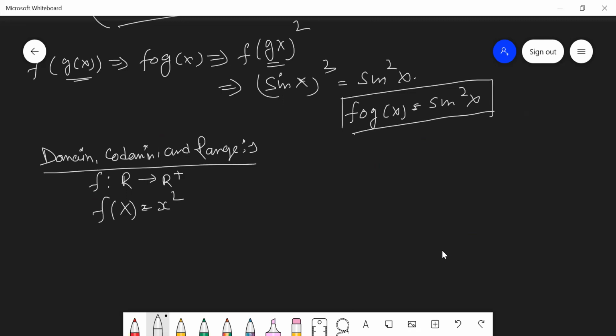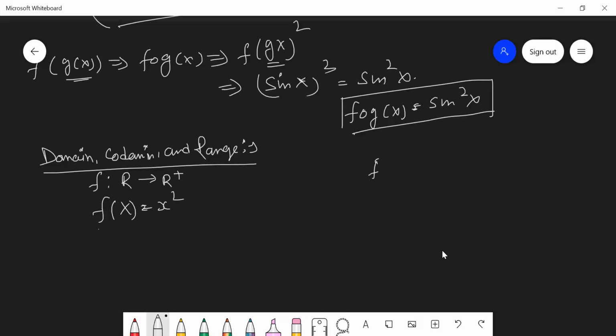When the domain is all the real numbers, the square of any real number is always a positive real number. The square of -1 is 1, the square of 1 is 1, and the square of -2 is 4. So for all real numbers put into this function, we get only positive numbers.